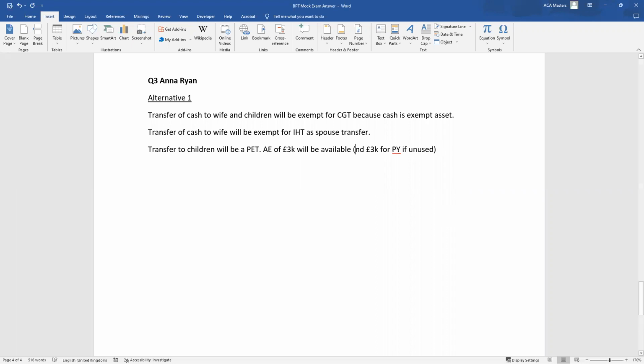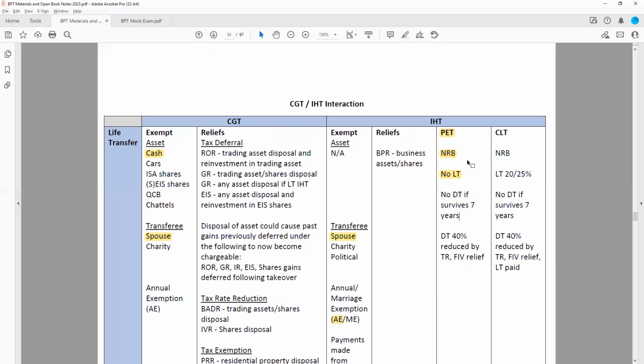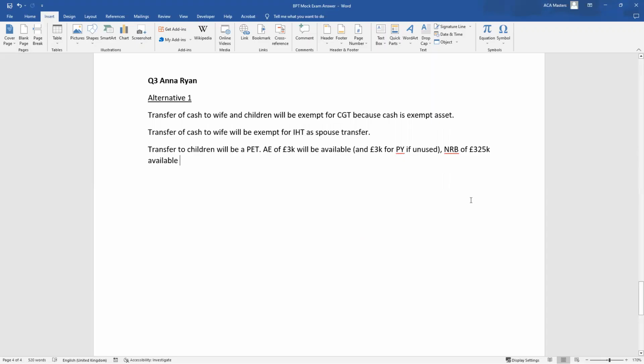So the annual exemption of 3K will be available, nil rate band of 325K available. So it wouldn't cover both transfers, but it would cover at least one of them. But then just remember as well, there'll be no IHT to pay if she survives 7 years. So you put, no lifetime tax to pay, and no death tax if survives 7 years.